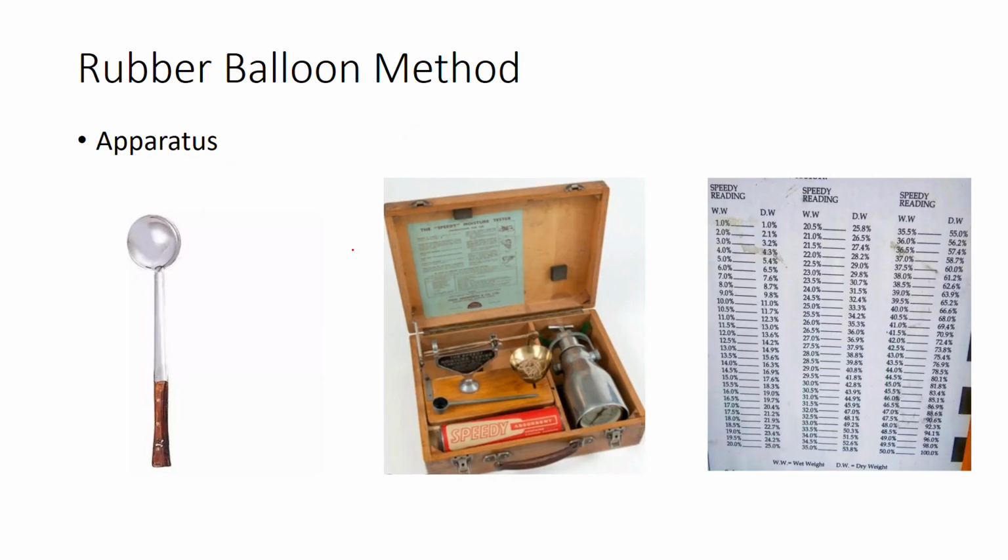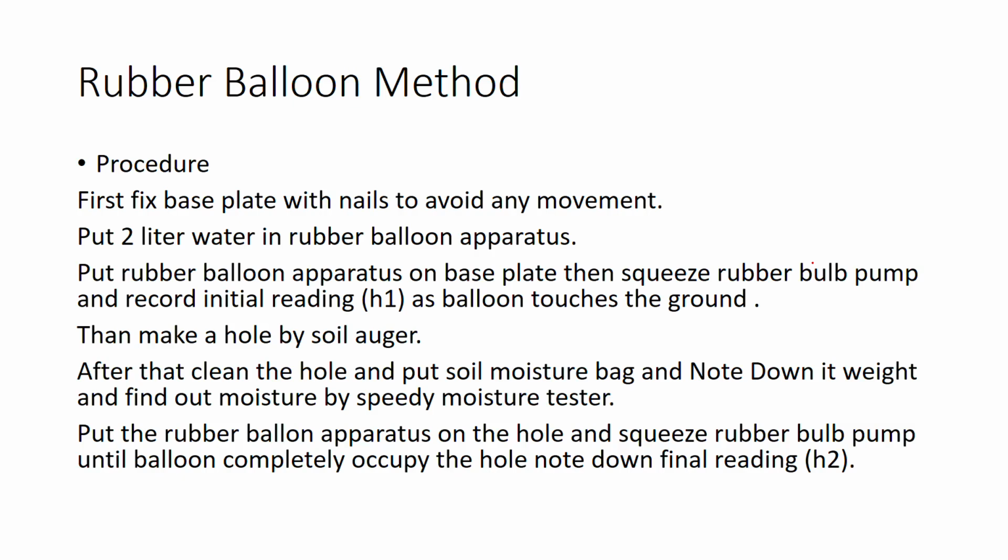These are the apparatus: tray, balance, spoon, speedy moisture and chart. First you need to clean the area, level the land, then put the base plate with the hole in it. Then you need to place the apparatus on it, squeeze the bulb pressure, and note down the initial value.